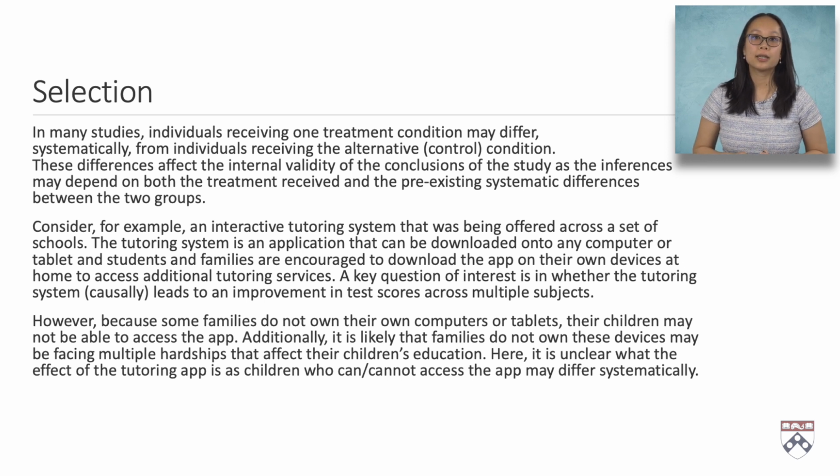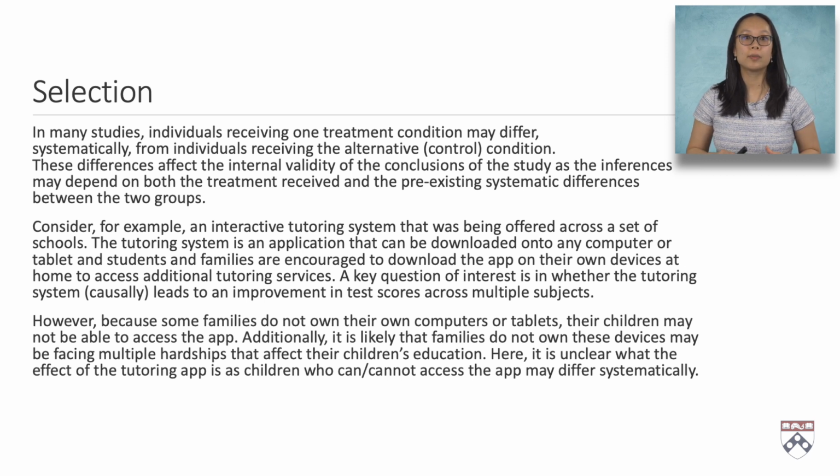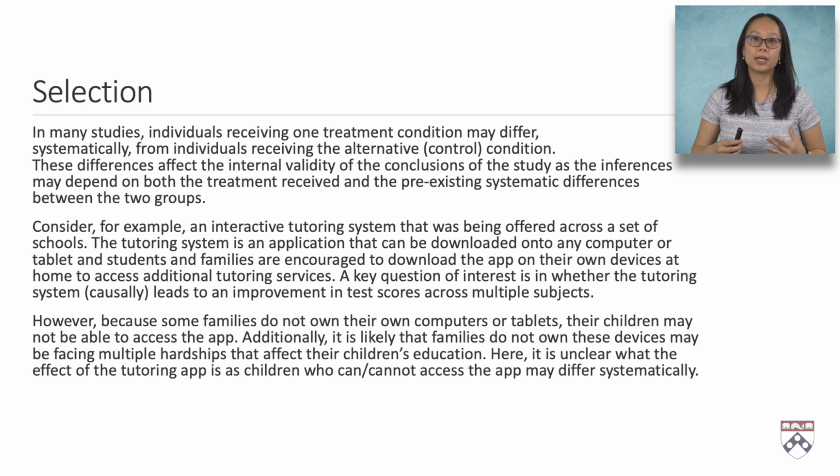Additionally, this might be linked to the fact that families that do not own these devices may be facing multiple hardships that affect their children's education. So here it is unclear whether the effects of the tutoring app on children are due to the app itself, or due to some of these home and accessibility differences that have nothing to do with the app altogether.